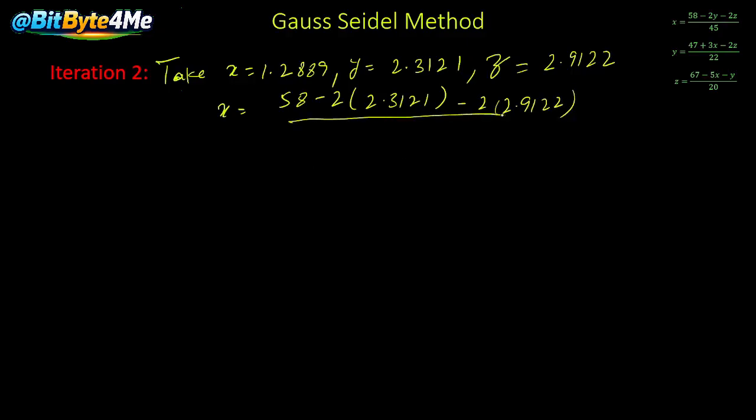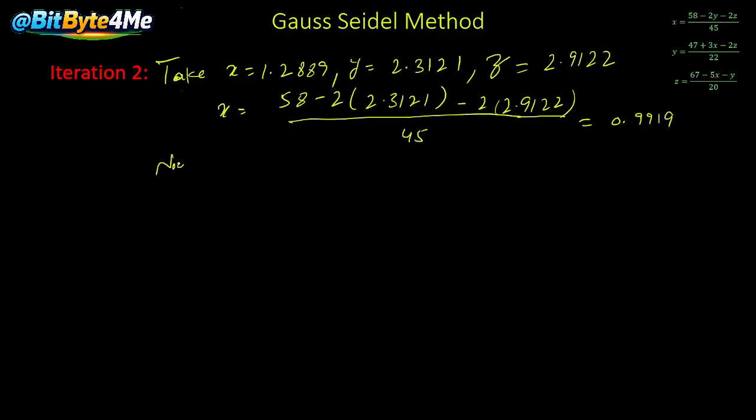This will be divided by 45, and if you calculate it you will get the answer as 0.9919. So this will be the value of x.